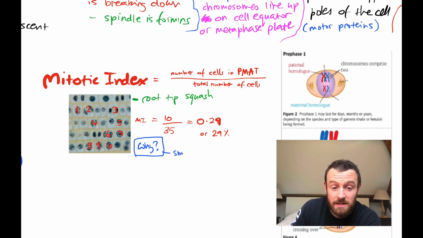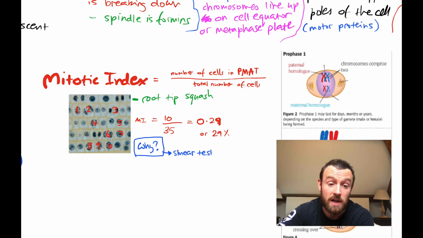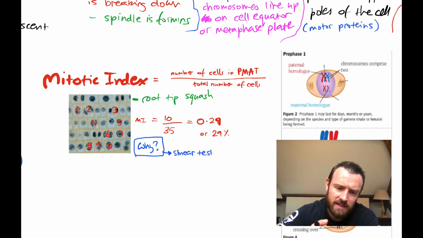A smear test is a type of test that women go through every few years once they reach a certain age, which looks at the cells in the lining of the cervix. Basically it's trying to detect if cells are dividing too much, because that could be a sign that there might be early stage cervical cancer.